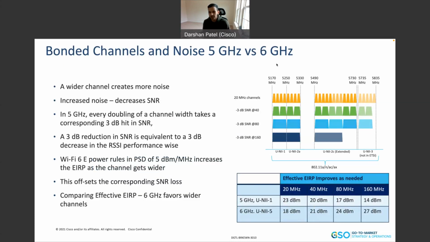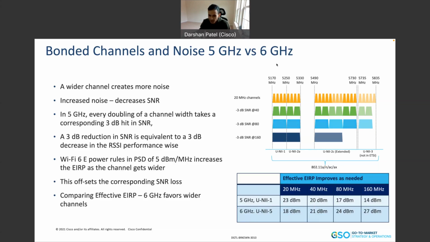So the performance was going to continue to degrade as we continue to increase the channel width. And that offsets that. So what do we do with the power spectral density? That's how it is going to be useful with Wi-Fi 6E, with 5 dBm per megahertz. That helps us increase EIRP, and that helps us offset that signal-to-noise ratio loss.